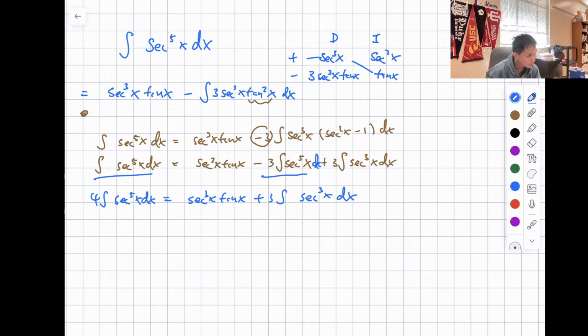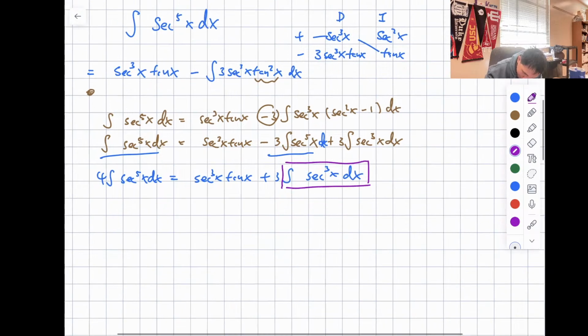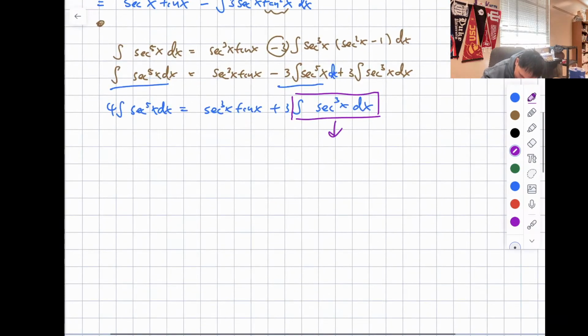Did we do a second DI for secant to the third? Yes, you're going to do this part, and I'm going to do this part separately. Yeah, we have to do another DI.